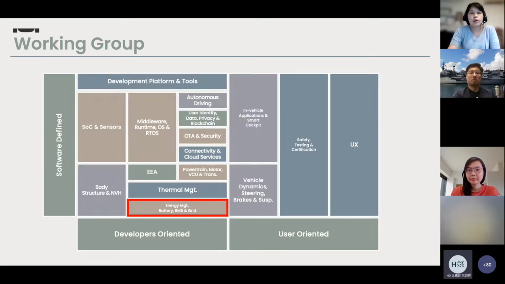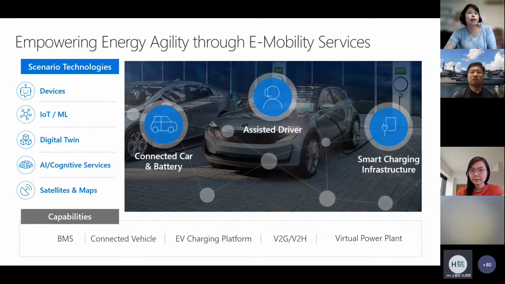So for today, I want to start from Microsoft's view of how to take digital twin as the foundation technology to help electric vehicles create a more agile electric grid. So let me move to the next slide.